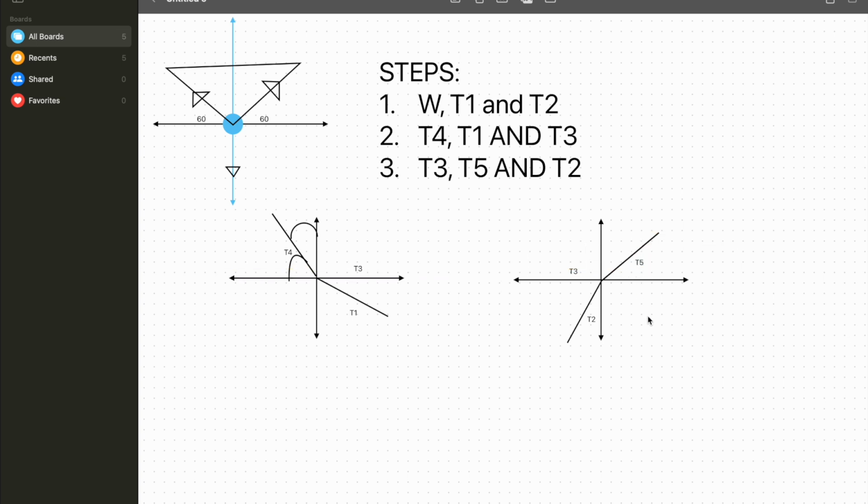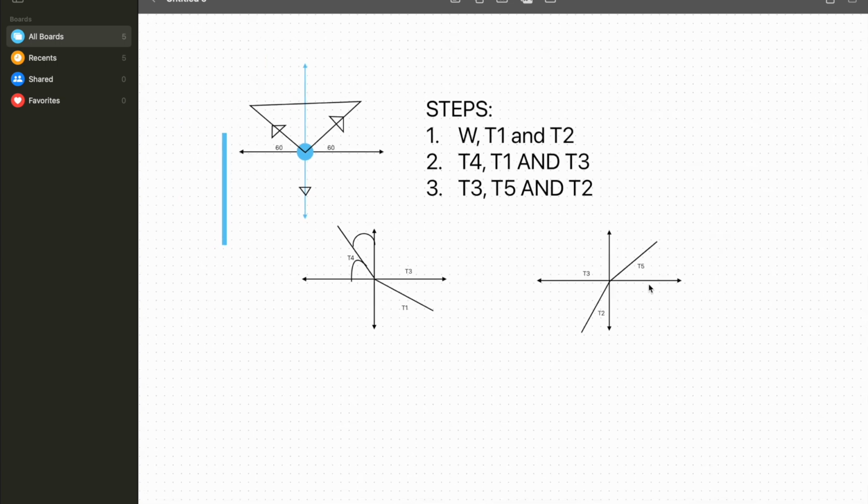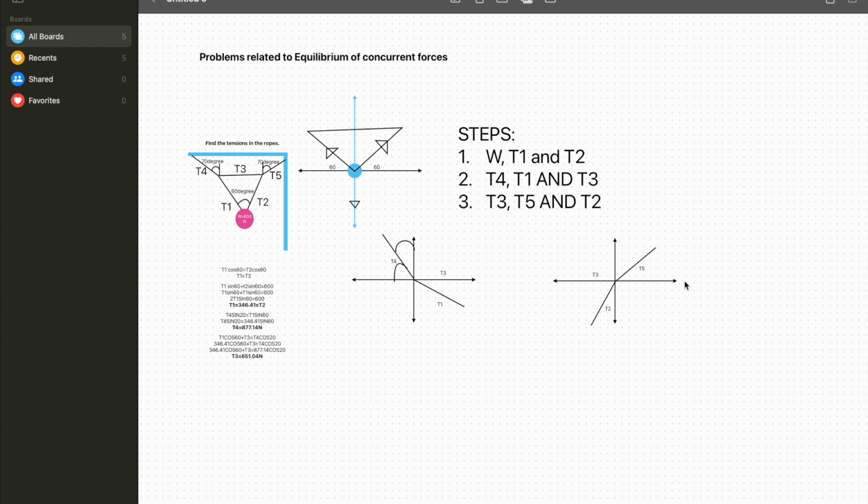Now, actually we can tell by common sense that T4 will be equal to T5.